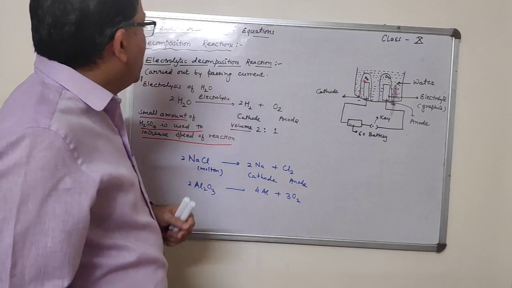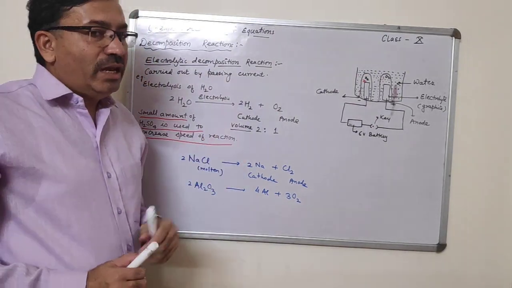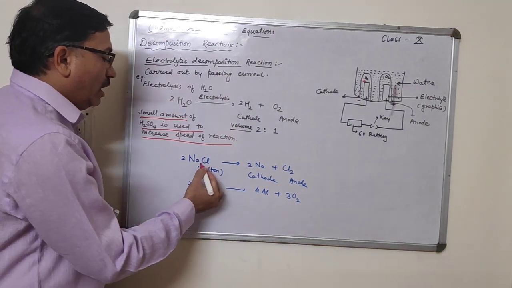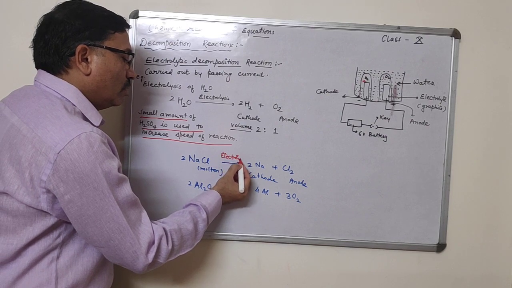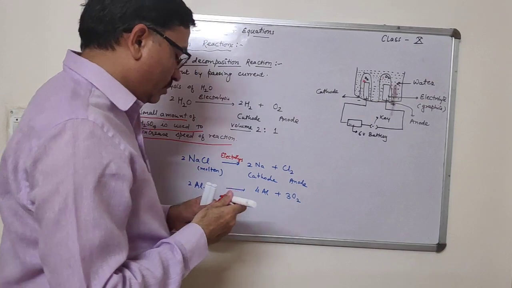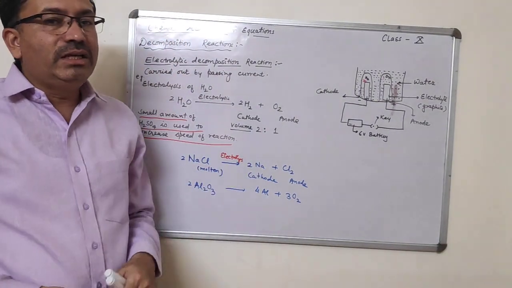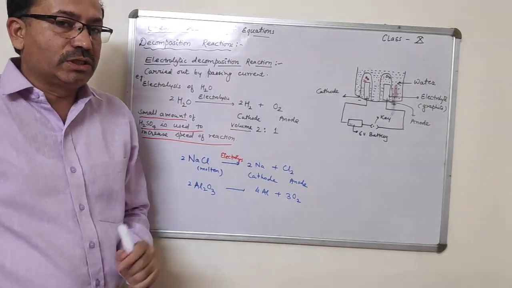This electrolytic decomposition is used in many other processes. I have taken two more reactions. When molten sodium chloride is electrolyzed, it gives sodium and chlorine gas. And see, commercially sodium metal is obtained by this process only. It is called the Downs process.